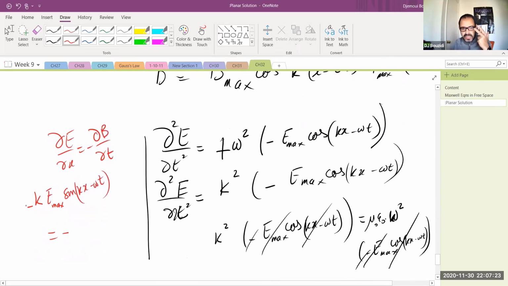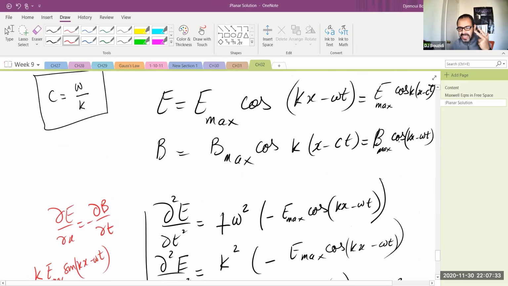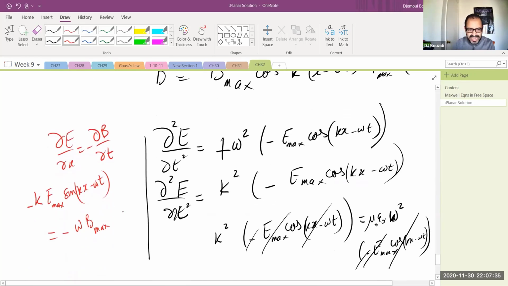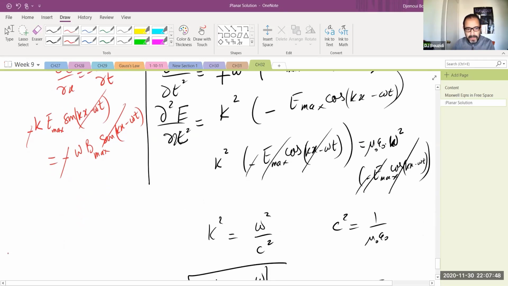Hopefully you kept track of these minuses. And I have a B max times omega. When I take the derivative of the cosine again, it's going to be a minus sign. So I have three minuses, and I'm left with a sine of kx minus omega t. So again, the sines cancel, the minuses cancel, and I'm left with B max equals k over omega times E max.